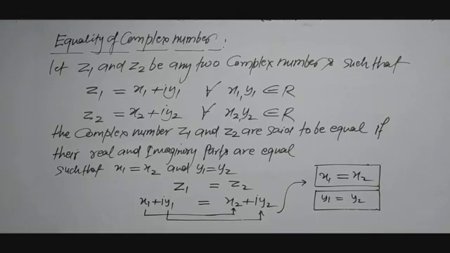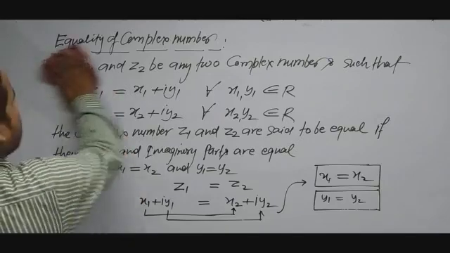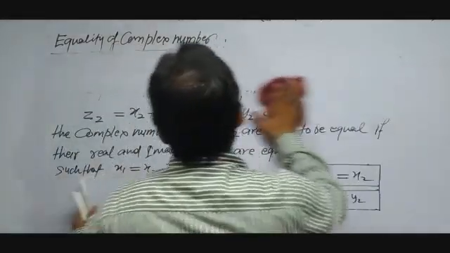Now come to the next definition. The next definition is the conjugate of a complex number. Now see, I will discuss the conjugate of a complex number.